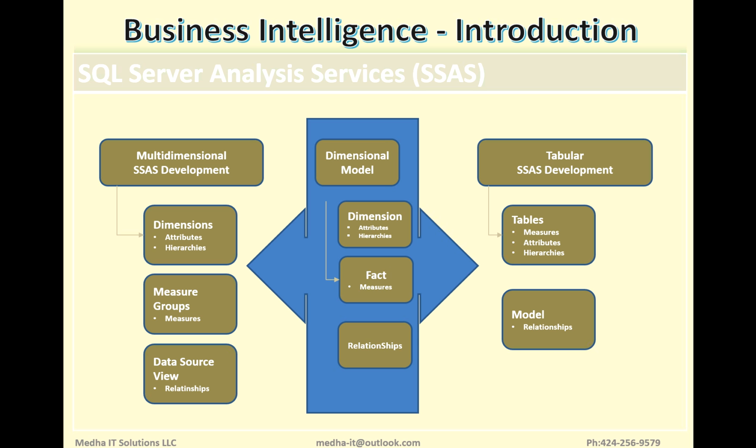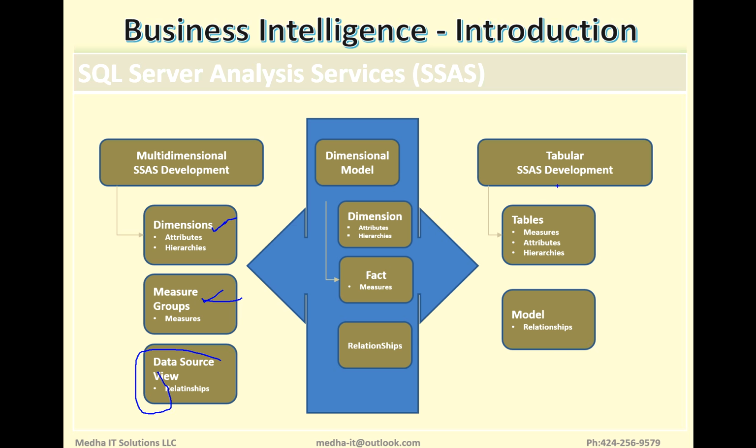In multidimensional model, as we discussed, we have dimensions, we have measures and we have something called data source. This we will talk about later, but for now we have dimensions and measures.